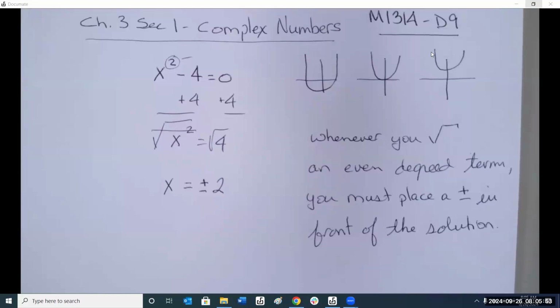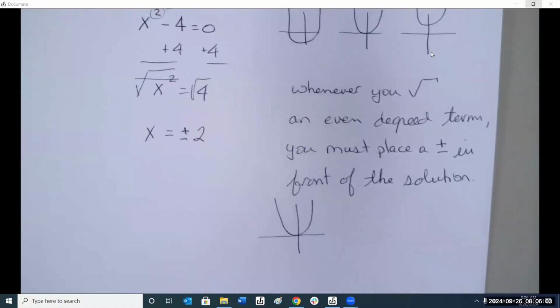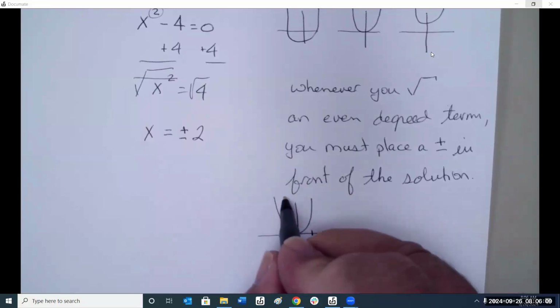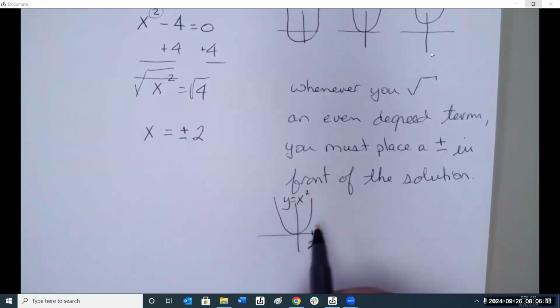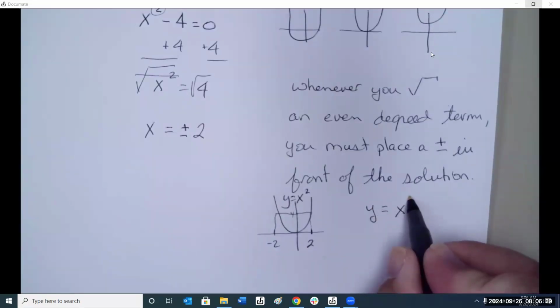Graphically, we can see what that's all about. If I put a 2 inside the x squared equation, what do I get? If I put a negative 2 in there, what do I get? I also get 4. So there has to be two solutions. So y equals x squared.